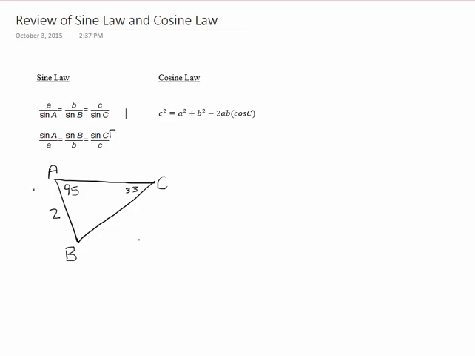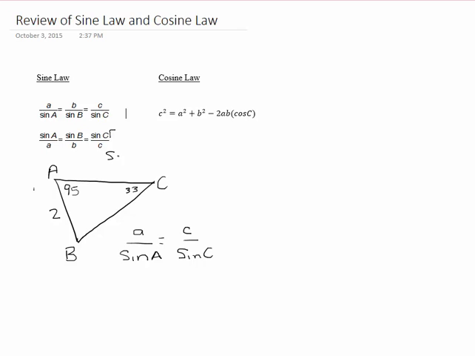I'm going to use A because I know the angle for A, and I'm also going to use C because I know the side length and the angle. I always need to be sure that I'm choosing one ratio where I know both top and bottom, and the other ratio I use is what I'm looking to solve.